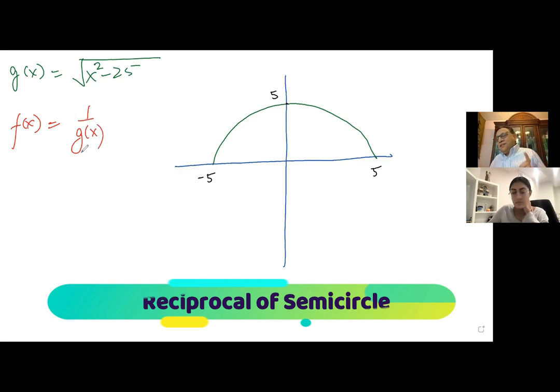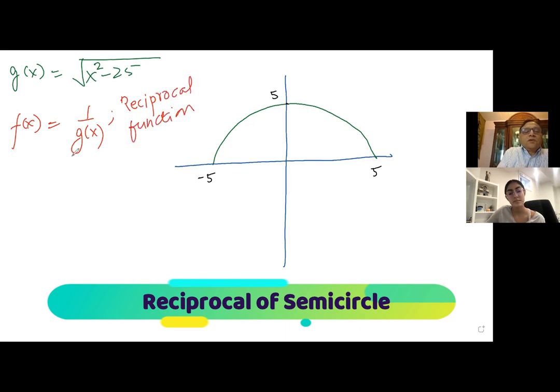a reciprocal function. So reciprocal functions necessarily are not rational. Is it a rational function? No, it is not a rational function because the denominator is not a polynomial, right? Yeah. So it is important to understand that this is a reciprocal function, which is not a rational function.